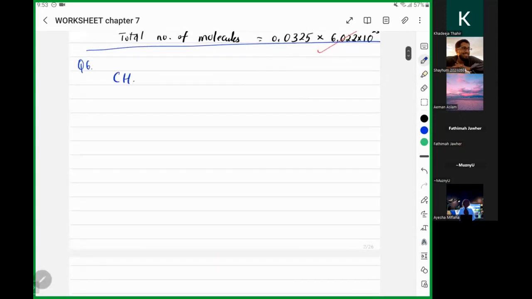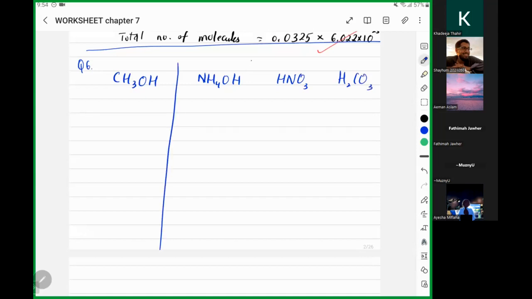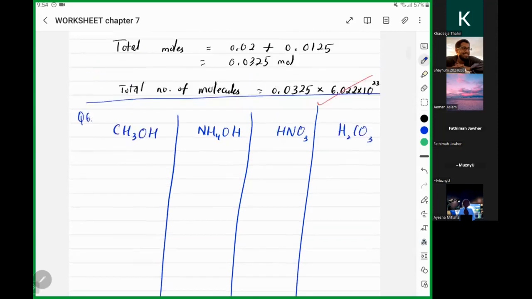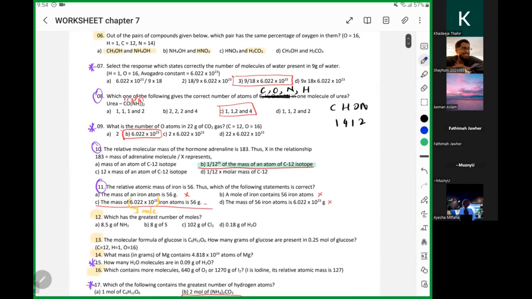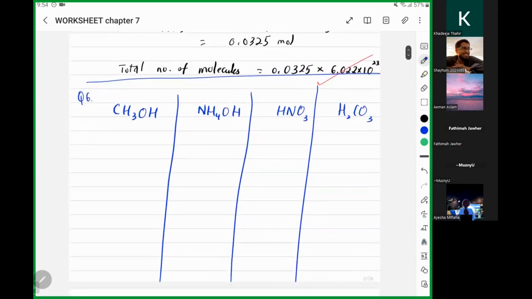There's CH3OH, NH4OH, HNO3, and H2CO3. Correct, no? So they ask you to compare. This is what you have to do. First, you will find the relative molecular mass for all of them.